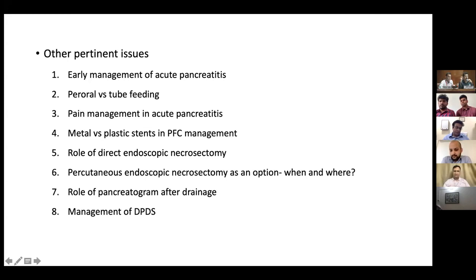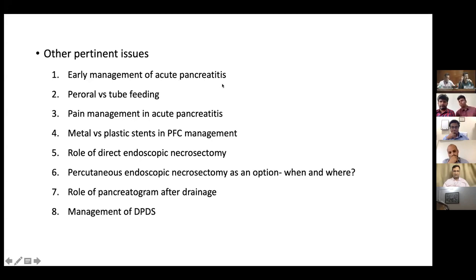Here, I would like to reiterate one more fact: when we talk about feeding, we don't talk about complete nutrition going through the enteral route. Even aliquots of fluid or feed through the enteral route keep the gut working.